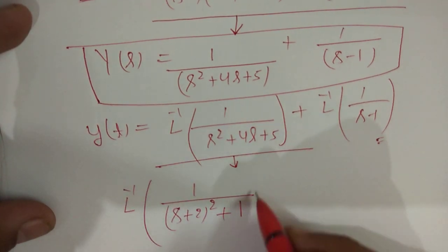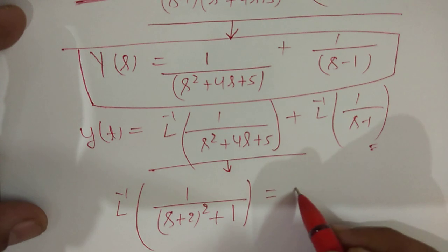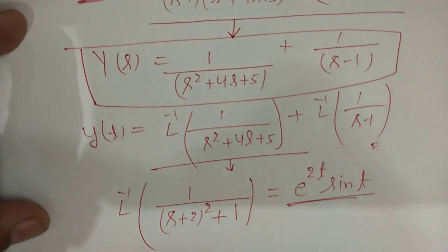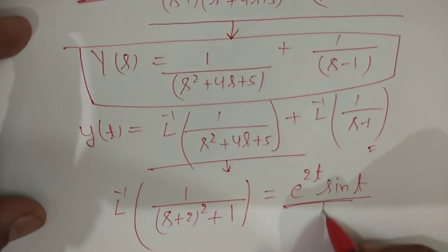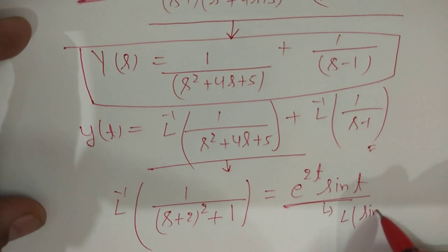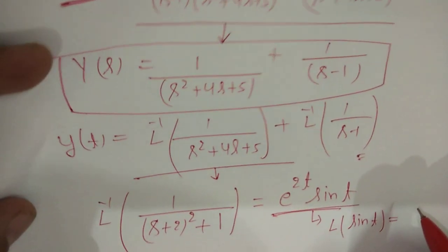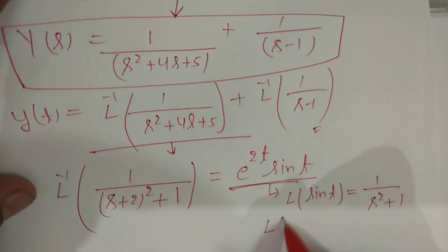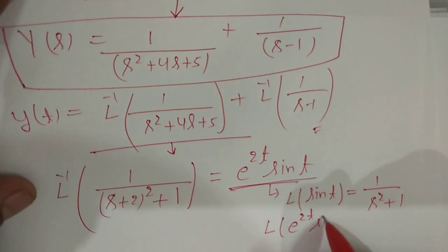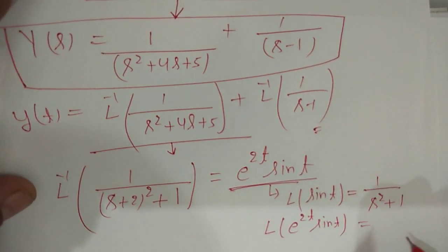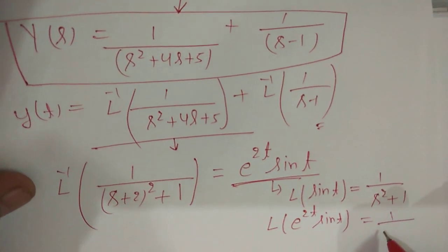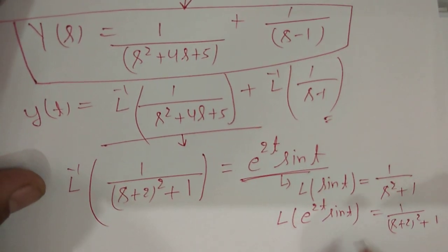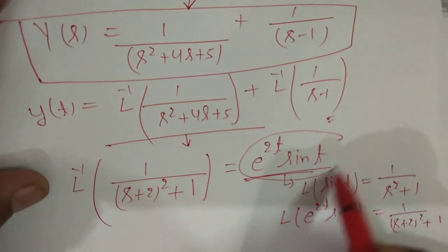Now the inverse Laplace of this will be e to the power minus 2t sin t, because Laplace of sin t equals 1 upon s squared plus 1, and if you multiply by e to the power minus 2t, s is replaced by s plus 2, so 1 upon (s plus 2) whole squared plus 1. Now if we take the inverse Laplace, we get e to the power minus 2t sin t.